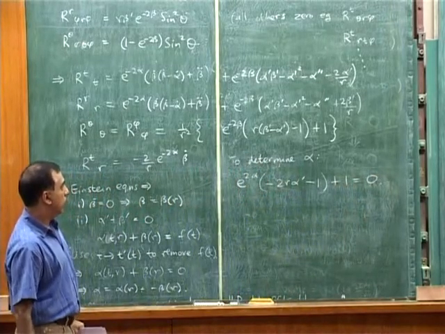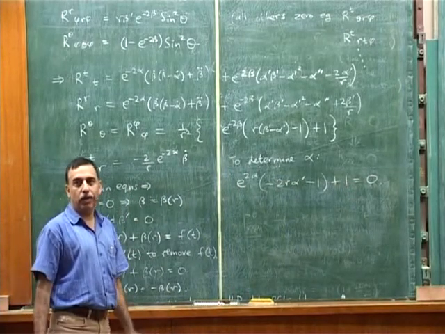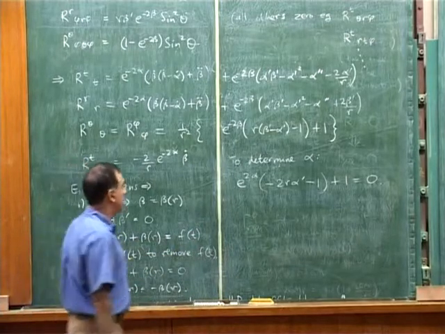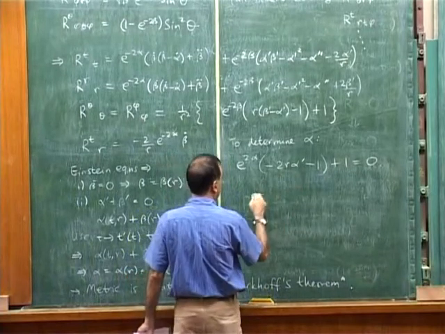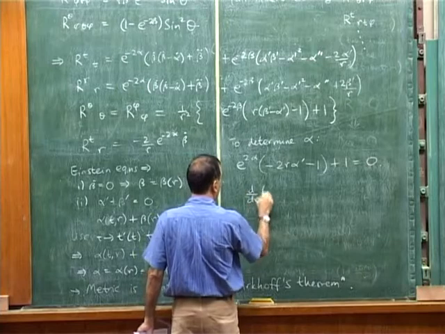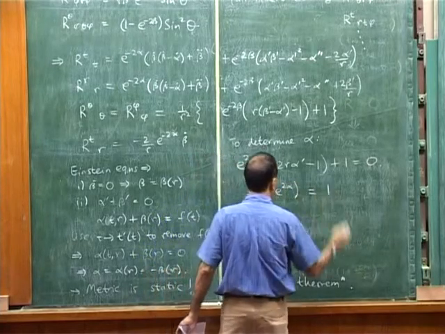I just set beta to minus alpha. So now it's an ordinary differential equation of a function alpha of one variable, so at least it can be solved. In fact, what's surprising is that the solution is so simple. If I take this to the other side, I can write it as d by dr of r e to the 2 alpha is equal to 1.